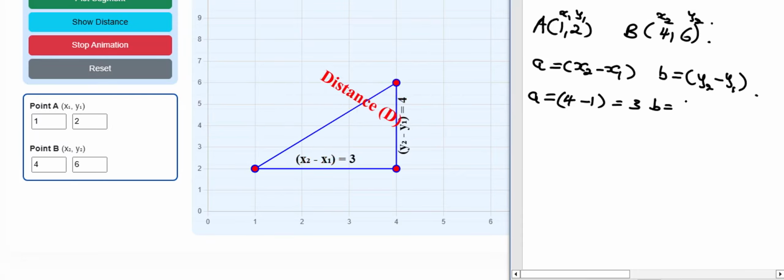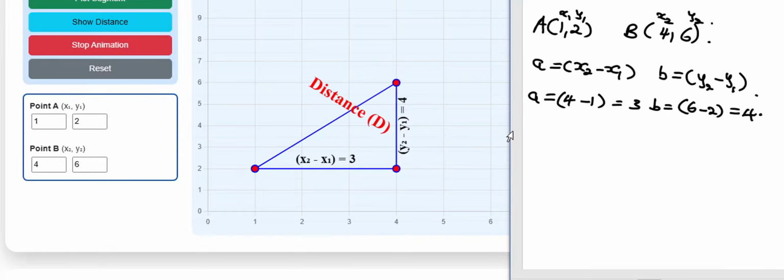So I read off A as 3 and B as 4, and I know to get this distance based on the Pythagoras theorem, I need to take the square root of this line squared, which we have given as A squared, then plus B squared, which is this line, then I take the square root.